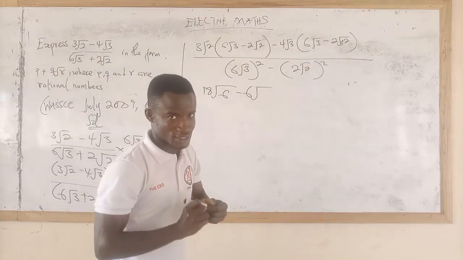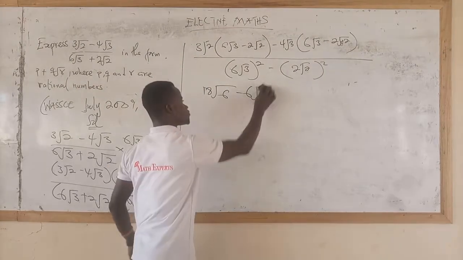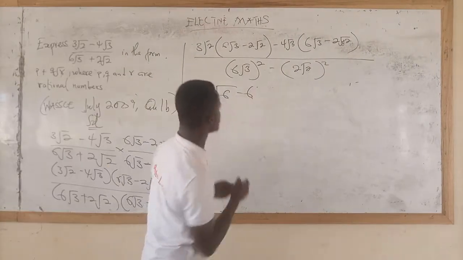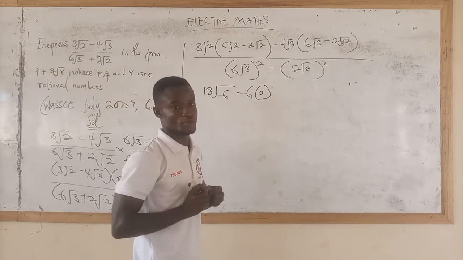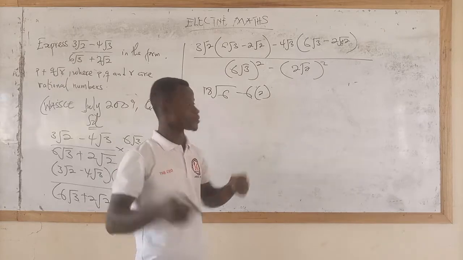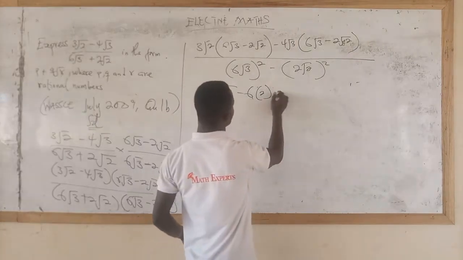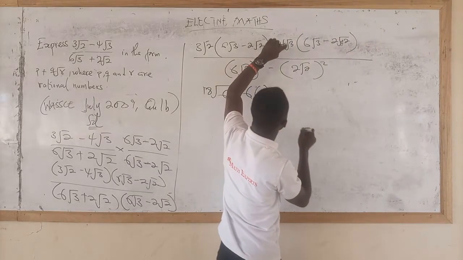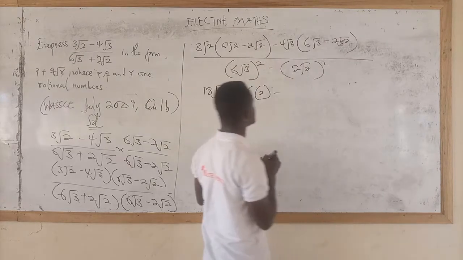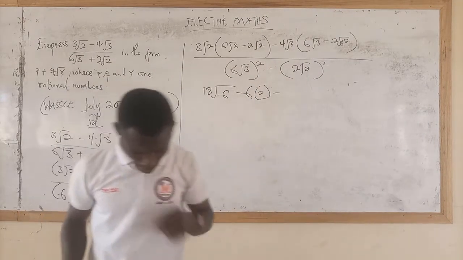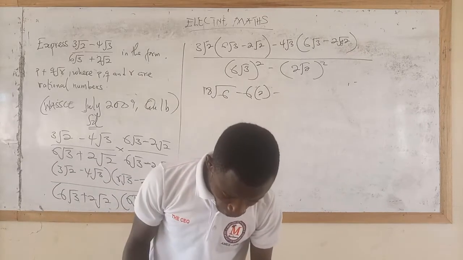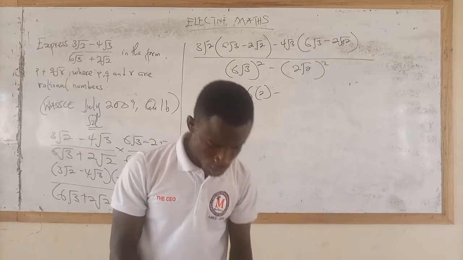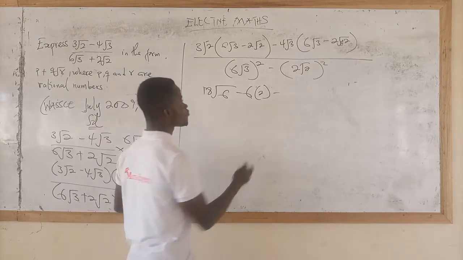And this is 2, so we remove the square root and make it 2. You can also make it square root of 2 all squared. Okay, we are now here. 4 times 6 is going to give you 24.